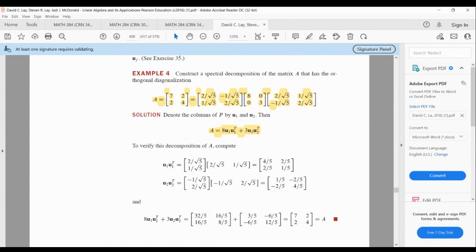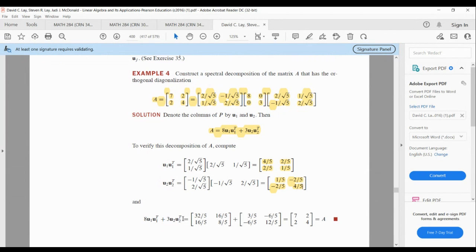That's a 2 by 1 vector times a 1 by 2 vector, which gives you a 2 by 2 matrix. Similarly, U2 times U2 transpose gives you a 2 by 2 matrix.